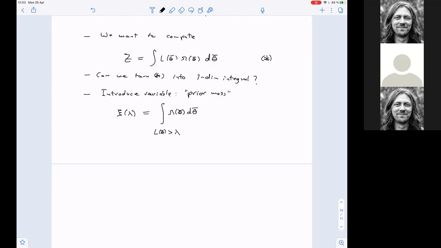So you can imagine some contour of your constant likelihood, and you say within that contour, I will integrate the prior. I will check how much prior probability is within that contour.